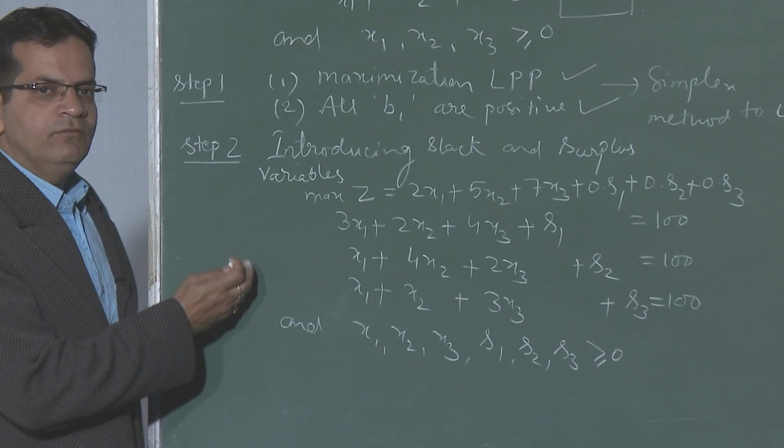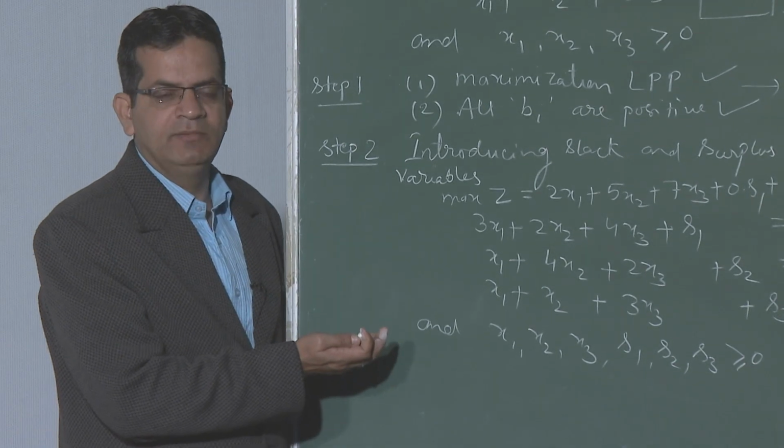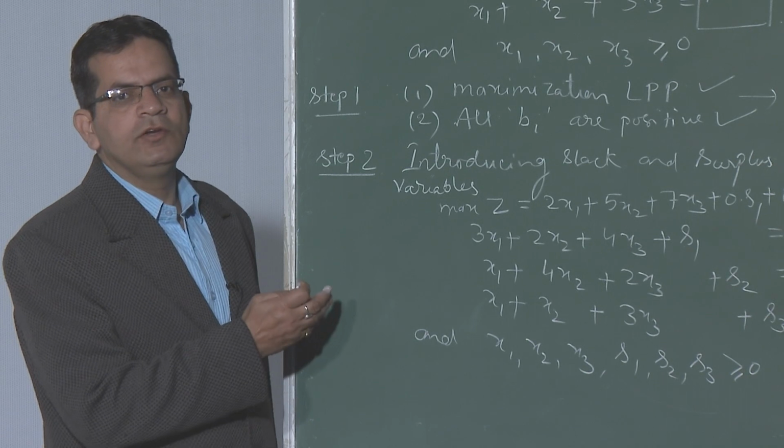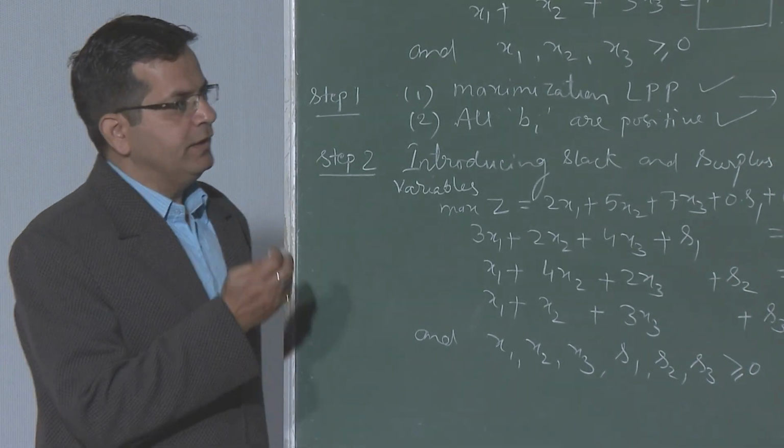So, in the second step we introduce the slack and surplus variables so that we can convert the system of inequalities into a system of equations.